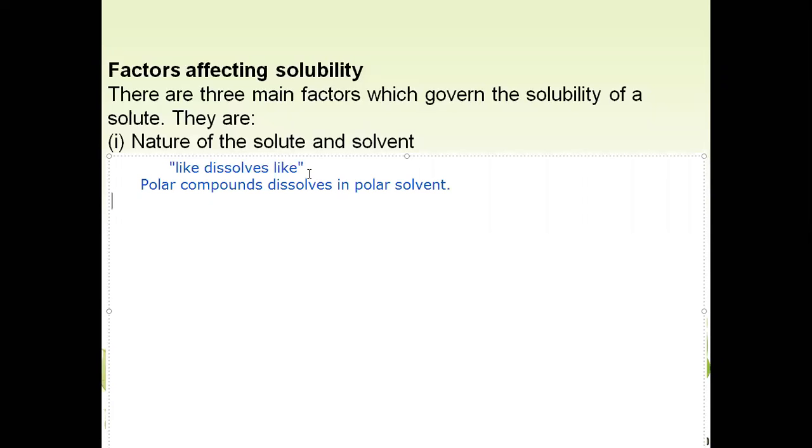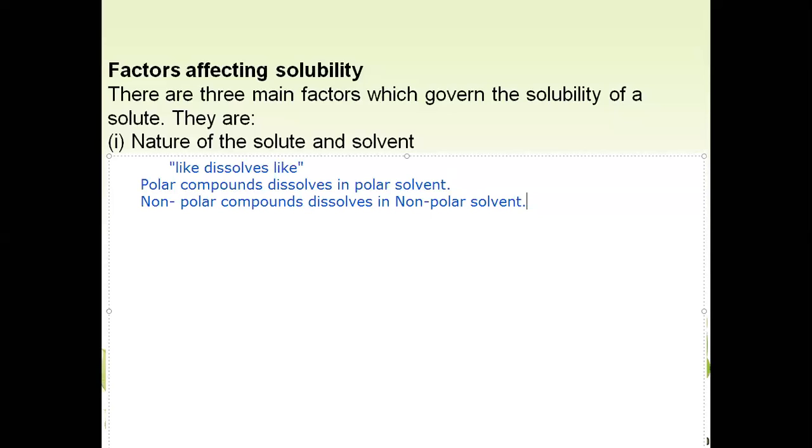The next one is non-polar compounds dissolve in non-polar solvents.